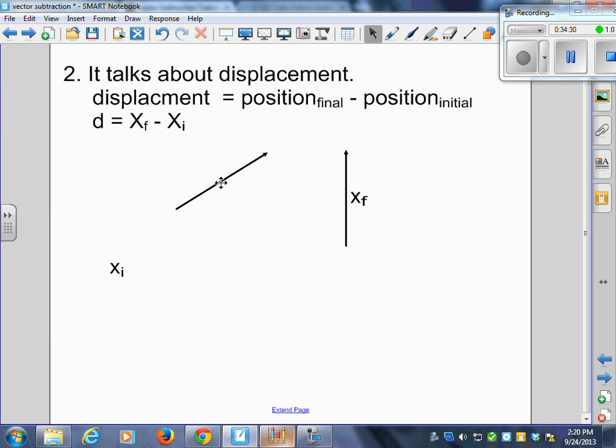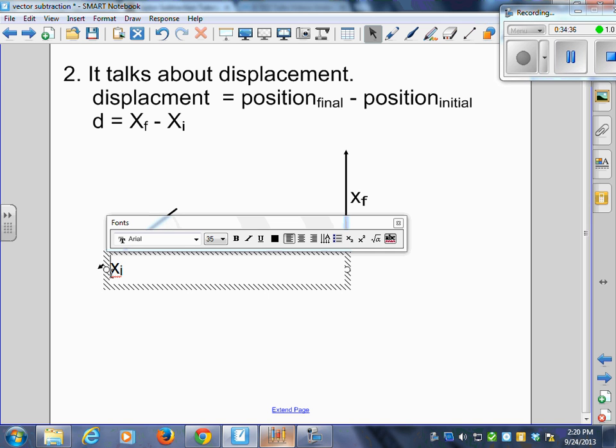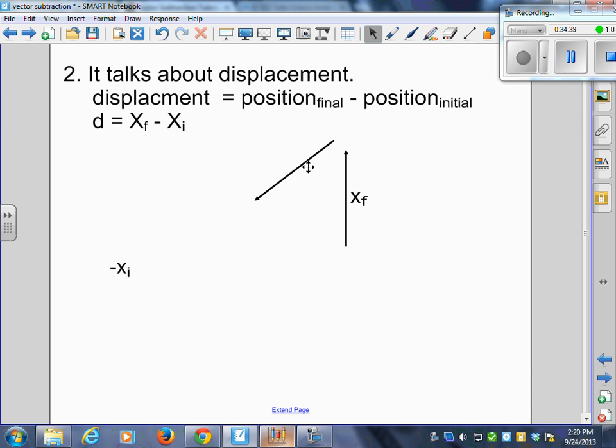No, I take this and I flip it around and make it negative. Always flip the one you're subtracting, right? And displacement is always final minus initial? Yes, and I don't use the word always unless I absolutely mean always. It is always, always.